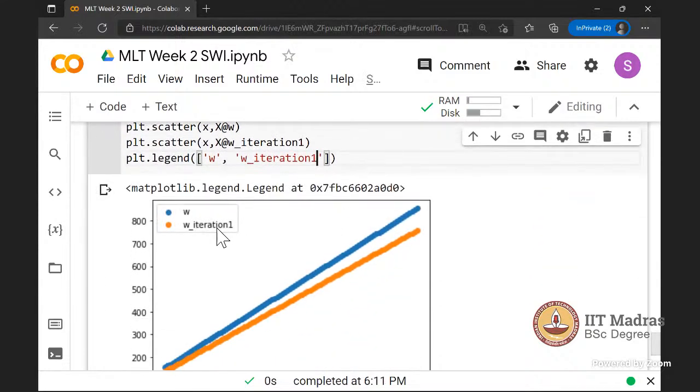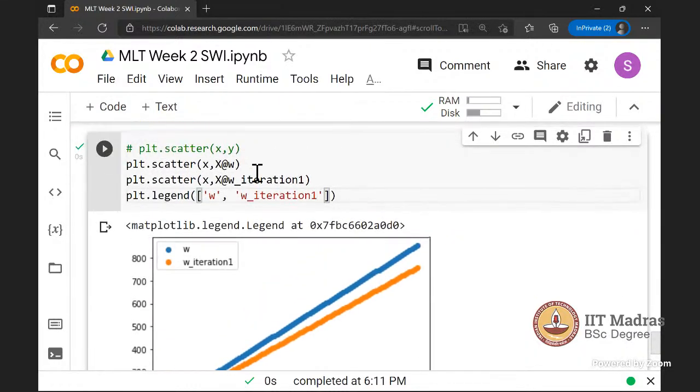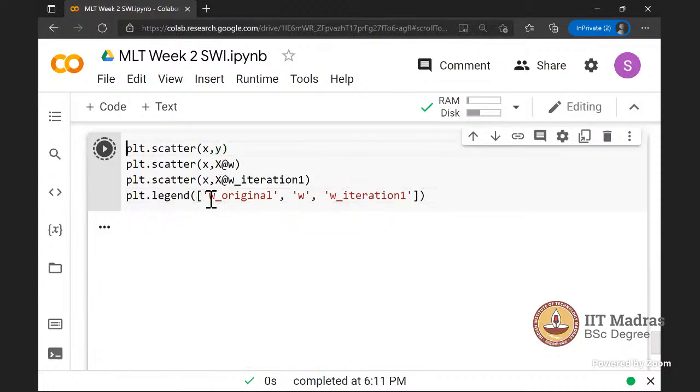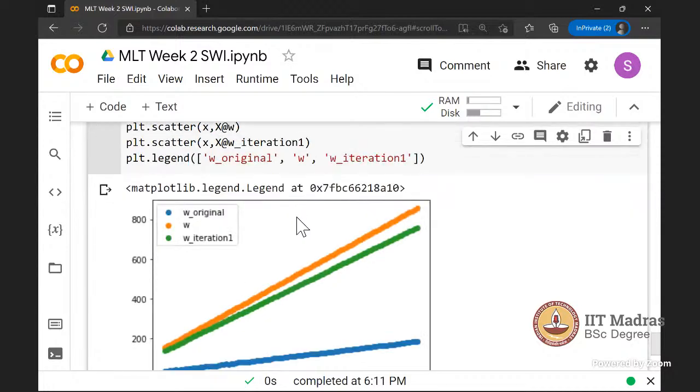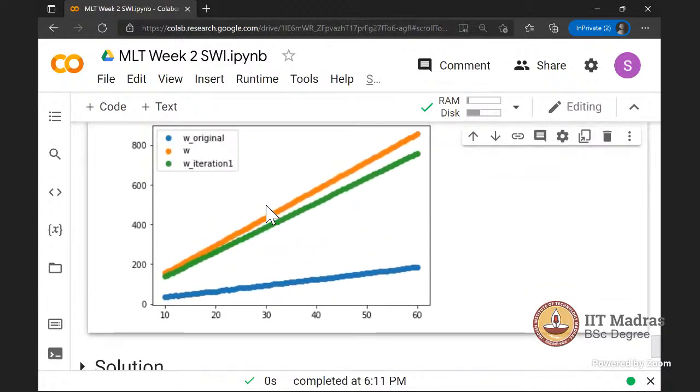This is our original, the W1. So I think I should plot this one also. All right, now it is much clearer.